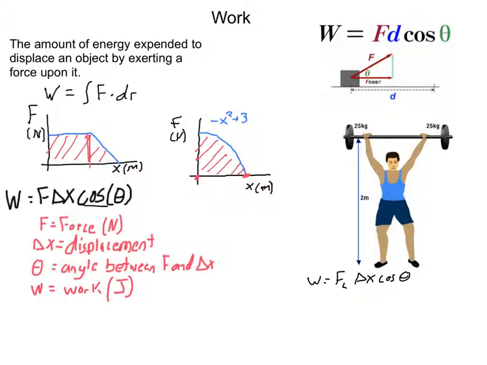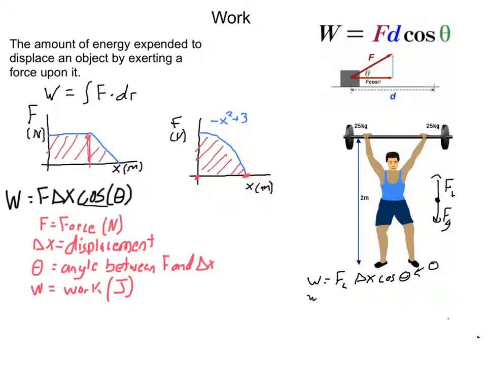And my theta here is going to be 0 because the force and the lift are identically aligned. Also, think about this. If he's going to lift it up with constant velocity, a free body diagram here, F lift going up, the force he lifts with is going to be equal to the force of gravity, right? And the two are going to be exactly balanced out if he's going up at constant velocity.